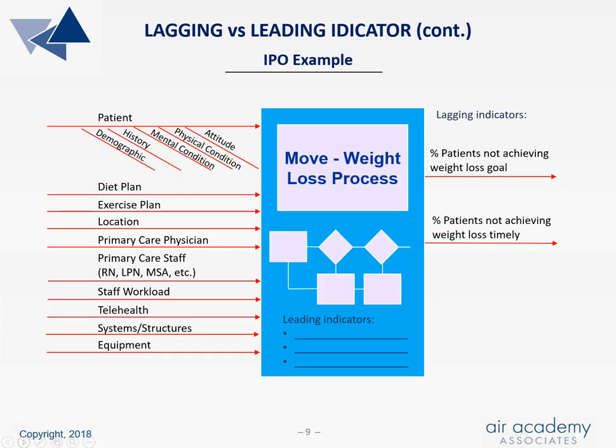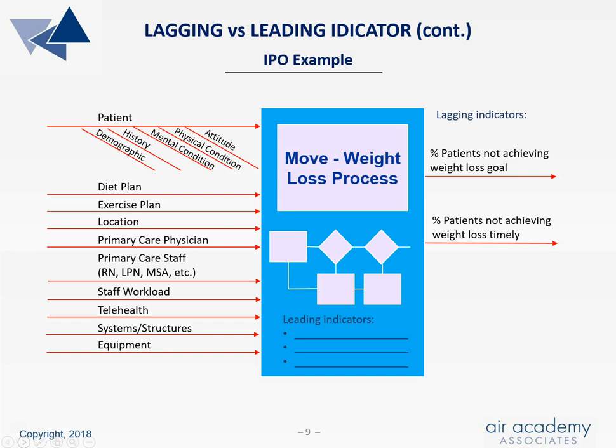In a previous slide, I made the comment that a well-documented process flow can help determine what constitutes a good leading indicator and where it fits in the process. I would like to elaborate on that comment using this slide, which starts with the standard IPO, but then expands the use of the box, which normally just houses the name of the process.